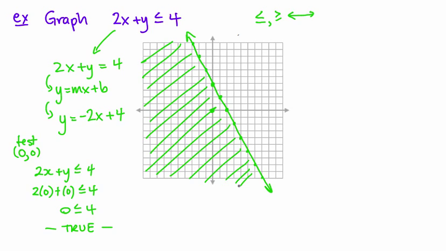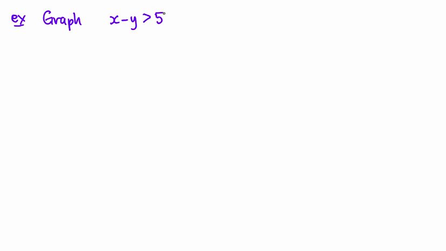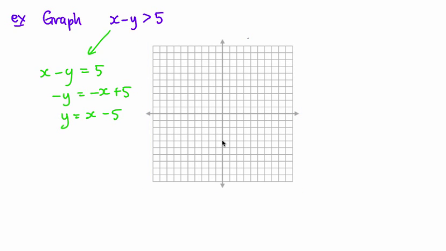Let's take a look at another example. So we'll graph x minus y is less than 5. Think about that as it's equal to 5, and then put this into y equals mx plus b. So if I subtract an x, and then I switch all the signs or divide by negative 1, I get this equation. So when I graph that equation, I have a y-intercept of negative 5, and I have a slope of 1, and in this case I have a dotted line.